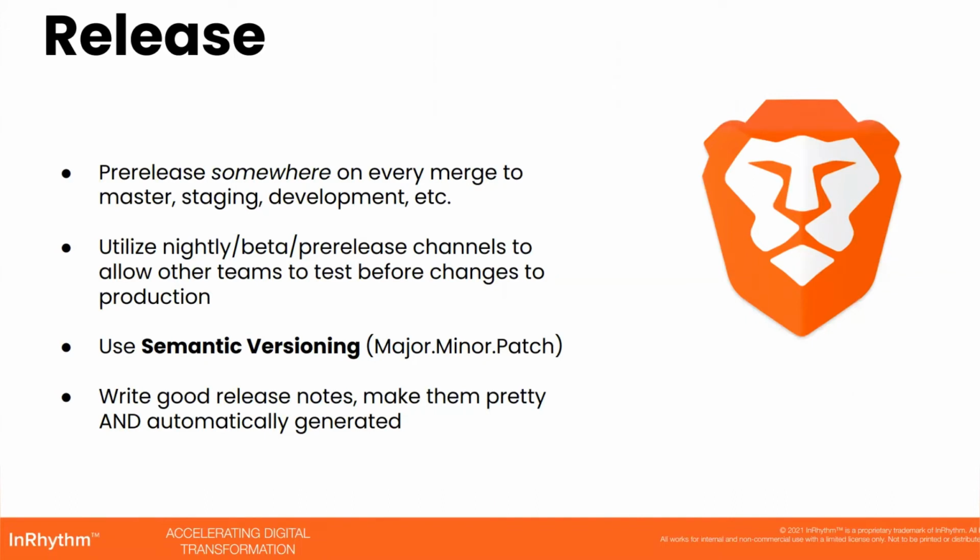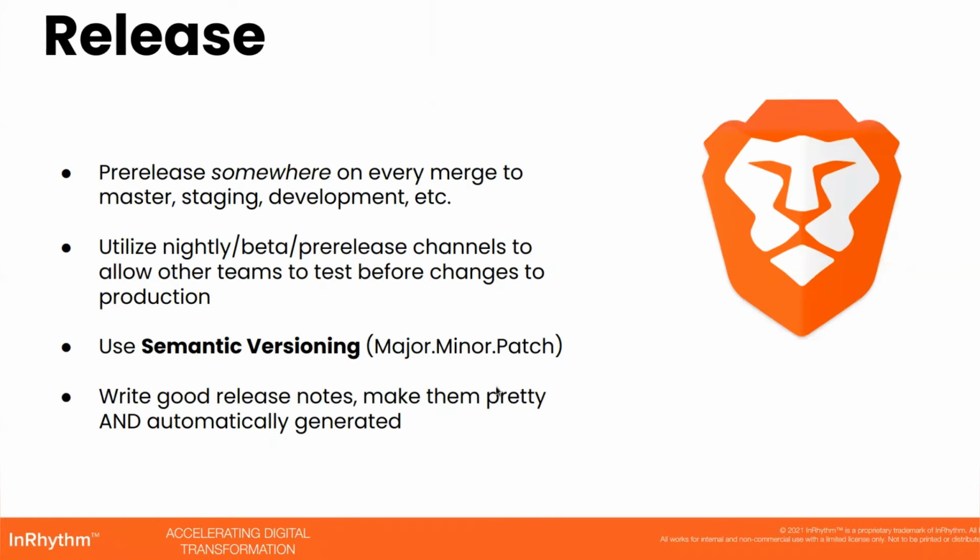Anytime you have an API of some sort, I think it's really important to use semantic versioning. And that's because somebody should be able to look at your version number and the version number they have installed and know if updating from their version to your version is going to break their code. And semantic versioning allows for that. And I do have a link later on to semver.org where you can read more about the semantic versioning spec.